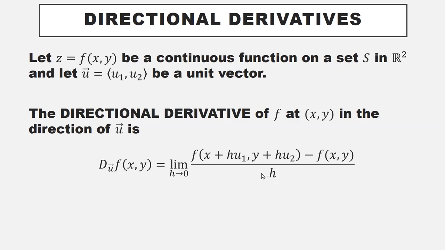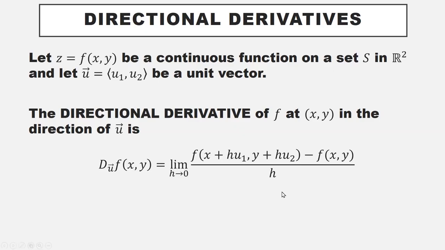So this is essentially saying x and y are changing at some angle. How is my function changing if both x and y are moving along in this unit vector direction? Now, the limit definition isn't that useful for us.